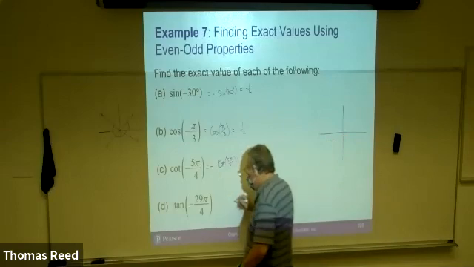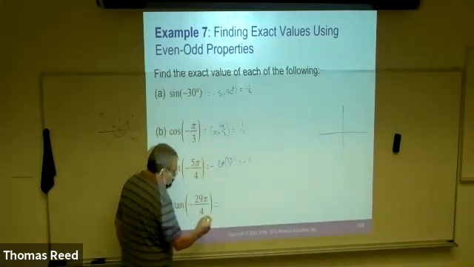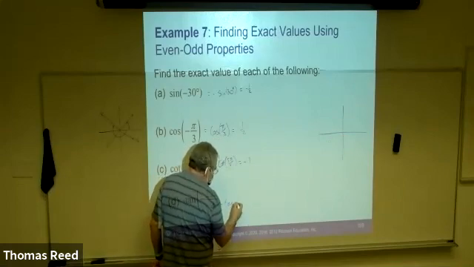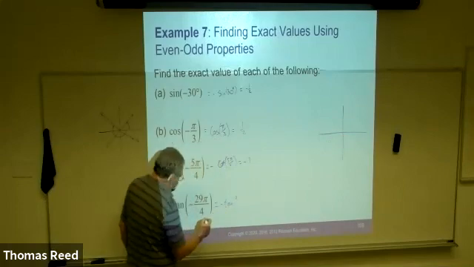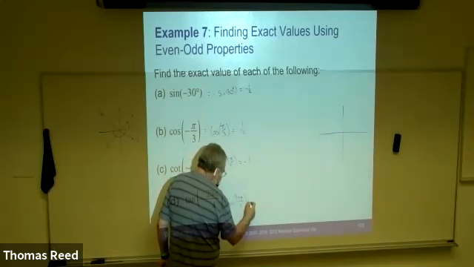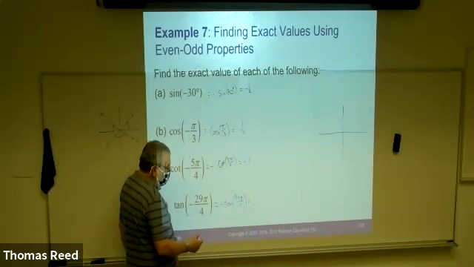Right? And I can bring this negative sign out because it's an odd function. So now I'm just going to talk about the tangent of 29 pi over 4.